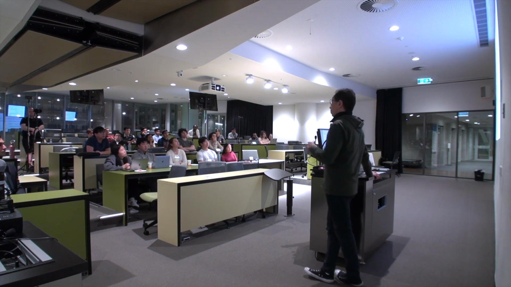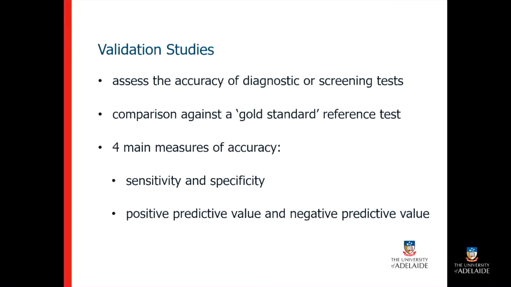So I'll move fairly quickly through validation studies. You might have heard of these before. We're undertaking new tests all the time. There's a PCR test for COVID that came out a couple of years ago. We need to know that they're accurate, yeah? That's validation studies.